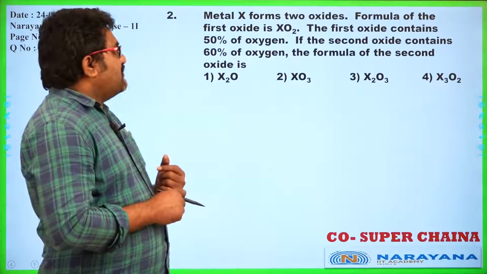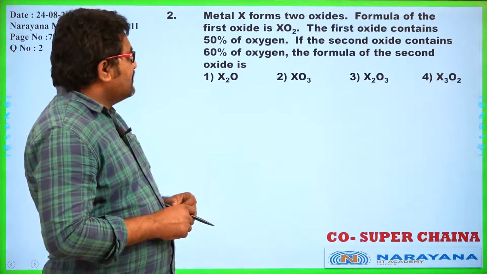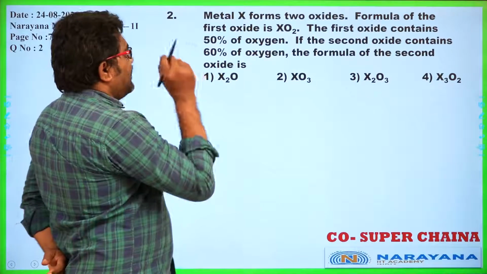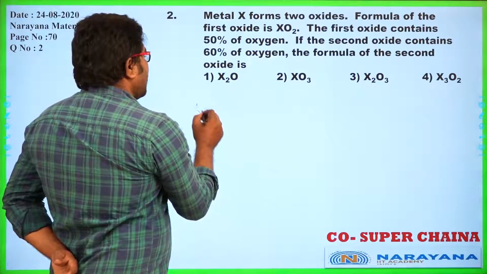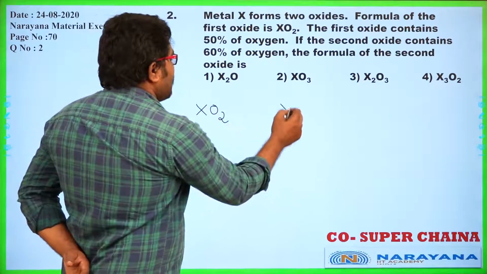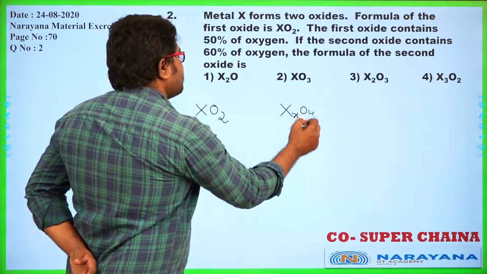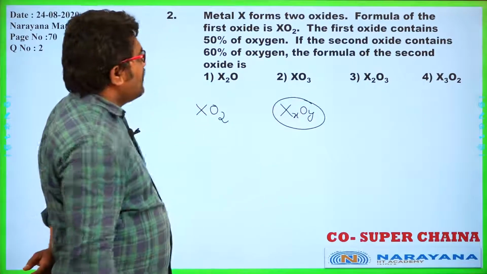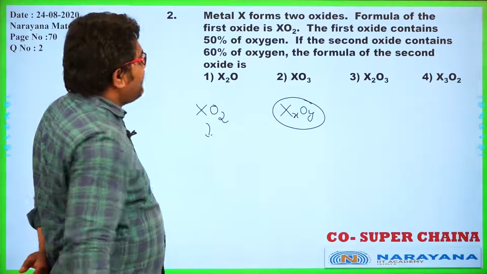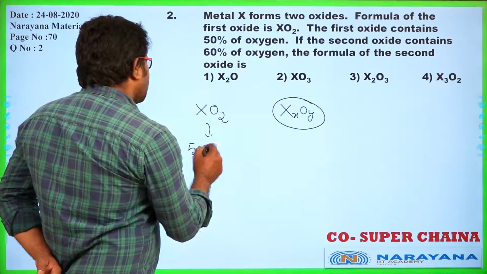Metal X forms 2 oxides. The formula of the first oxide is XO2, and another oxide we don't know. Now the first oxide contains how much percentage of oxygen? 50% oxygen.